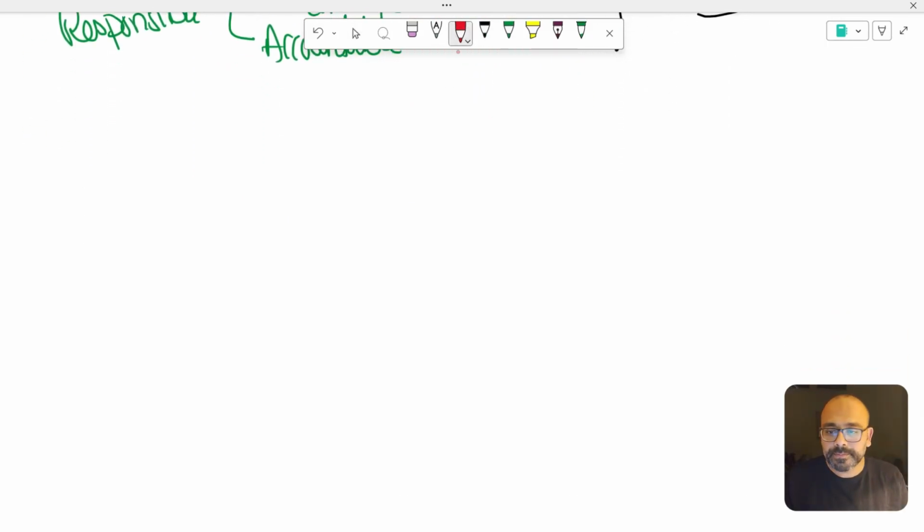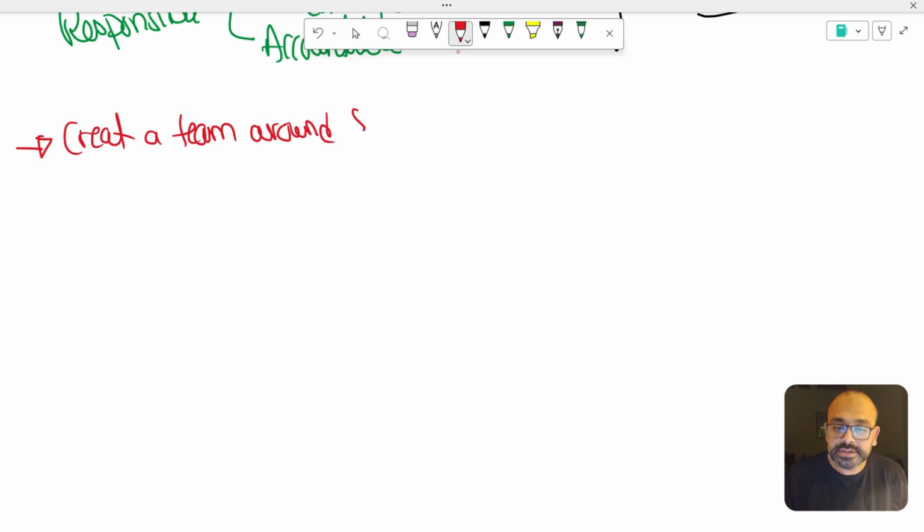Now, when it comes to the team, you need to gather the team, you need to form a team. And whenever you are forming your team, always try to create a team around strengths.